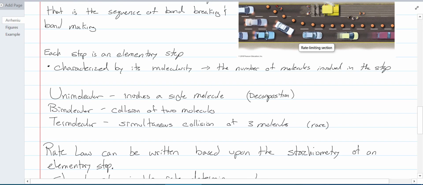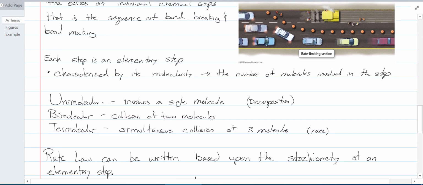So there's a picture here from the textbook where we have 3 lanes of traffic go into 1. And that really slows down traffic, especially if there's any appreciable amount of cars on the road. I personally like the analogy of running a relay race around a track. So if we had 4 people going to run 100 meters, that would be 1 lap around the track.